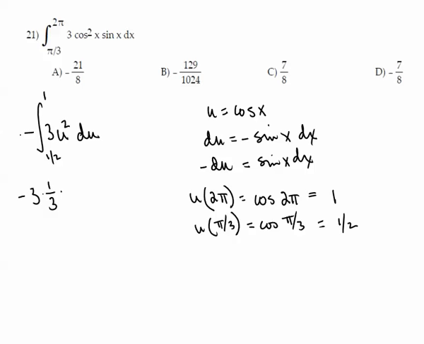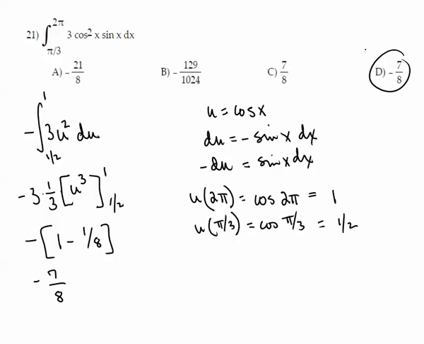So I'm going to have negative 3 times 1/3 u to the third from 1/2 to 1, and the 3, the negative 3, and the 1/3 become negative 1, and so I have 1 to the third, which is 1, minus 1/2 to the third, which is 1/8, and that leaves me with negative 7/8. Or the answer would be D.